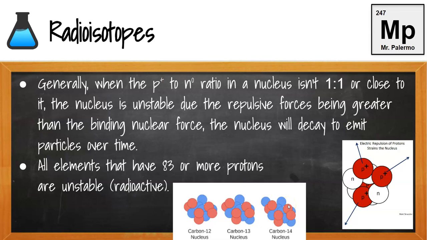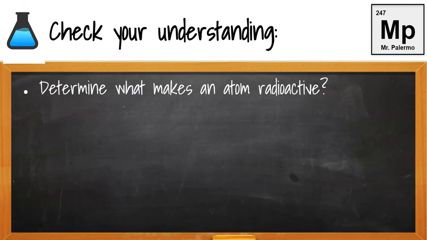For smaller elements, the ratio of protons to neutrons is typically close to 1-to-1, making them stable, and if it's not, the nucleus is radioactive and can decay, emitting particles. All elements that have 83 or more protons are so large, with so many protons and neutrons, that they are all unstable and radioactive, and all of them will undergo radioactive decay, emitting particles.